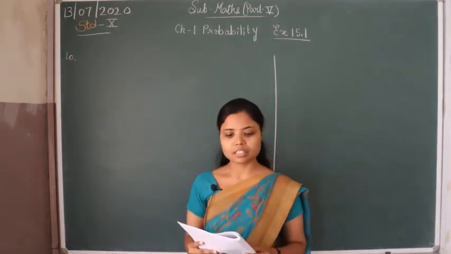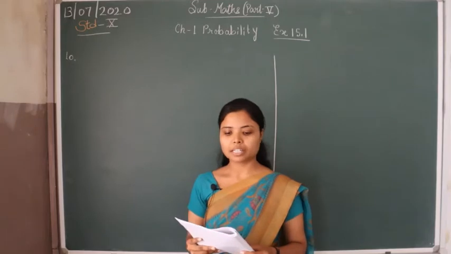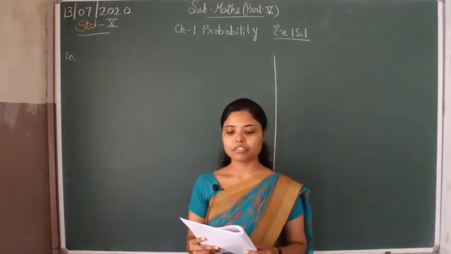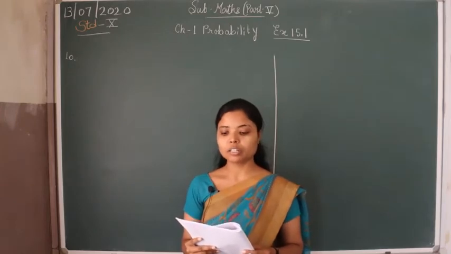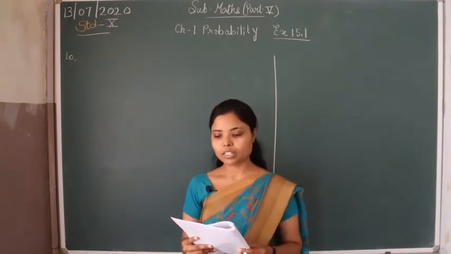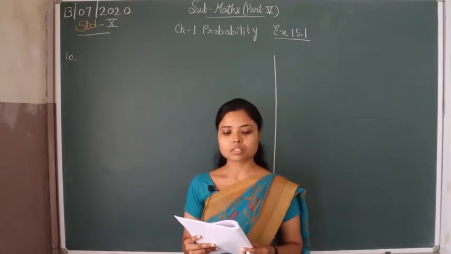Question number 10 is: a piggy bank contains 50 paisa coins, 1 rupee coins, 2 rupee coins and 5 rupee coins.